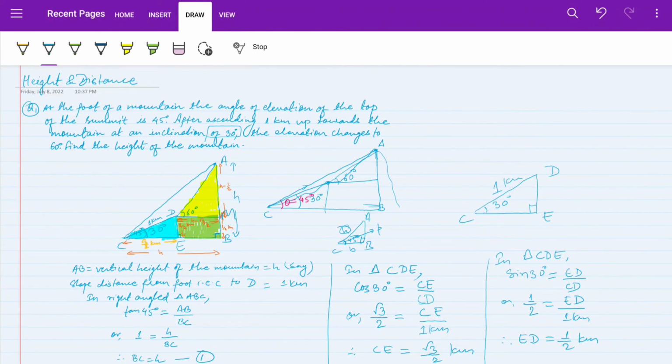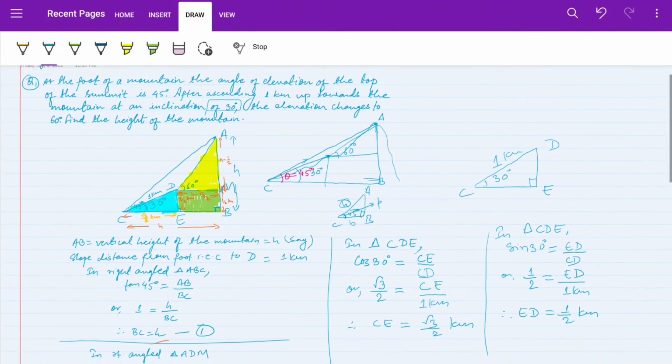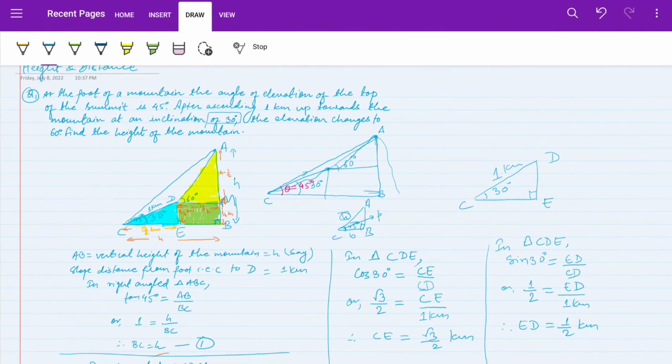So this is the way of finding height or unknown side of the triangle. So we are dealing with triangles here. So this method is also used in leveling in civil engineering. There is a topic called leveling, and they study about trigonometric leveling. So this is the concept required there.